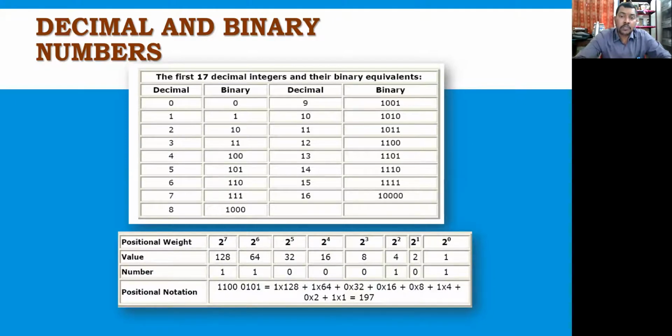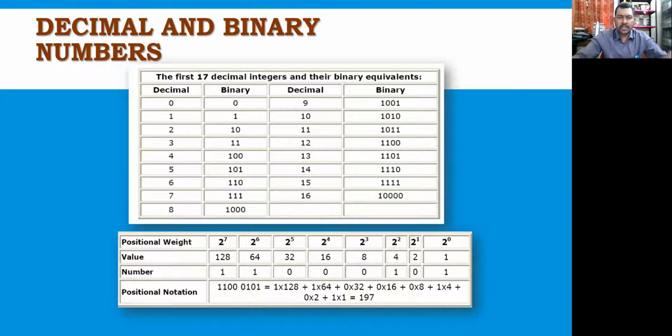And for binary, the positional weights and their values in decimal are shown over here in this table. 2 raised to power 0, 2 raised to power 1, 2 raised to power 2, 2 raised to power 3, and so on up to 2 raised to power 7, and their equivalent decimal values. How they can be converted is shown over there. So this particular binary number is to be converted into decimal by using this pattern.